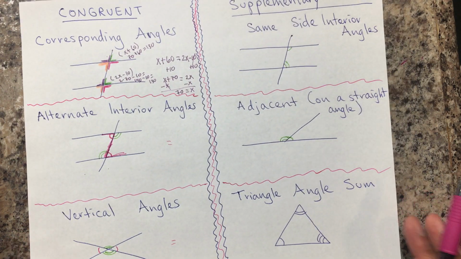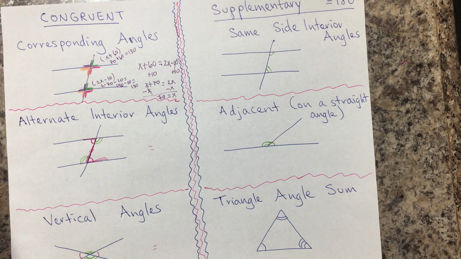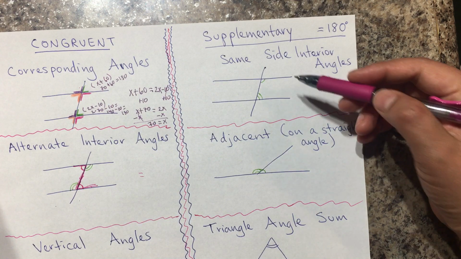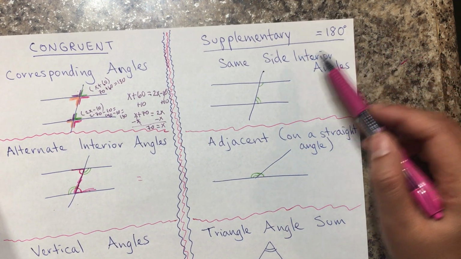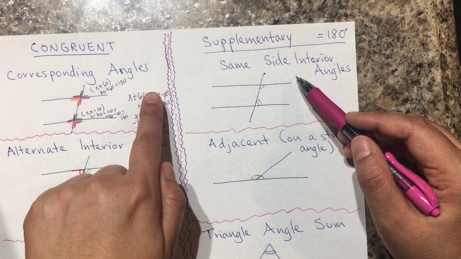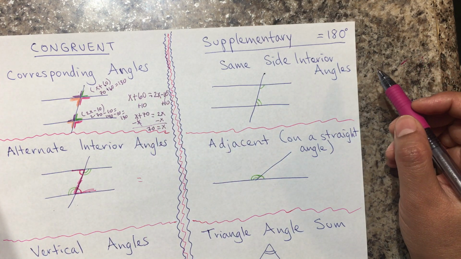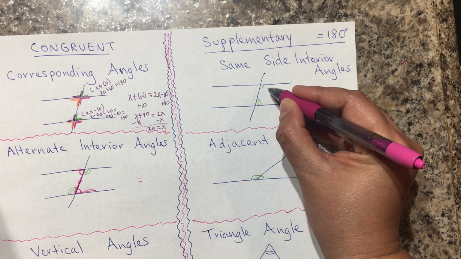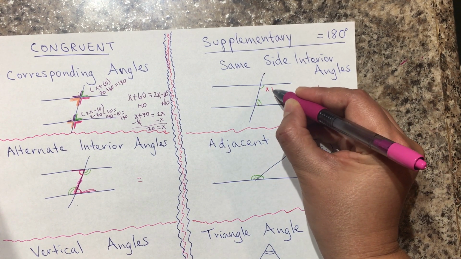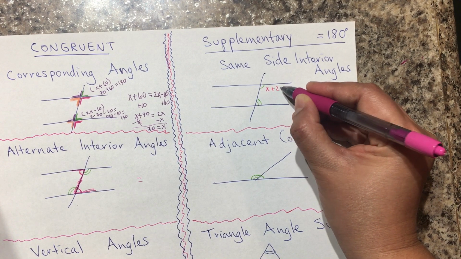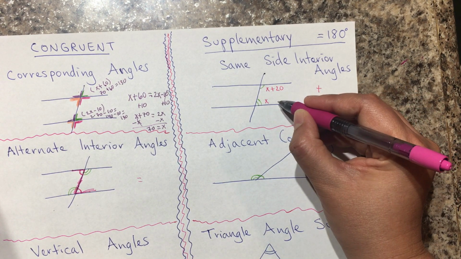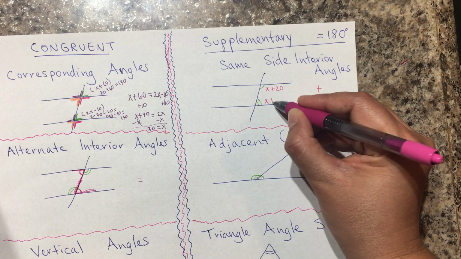What do you do for supplementary angles? Okay, now for supplementary angles, again, these come from parallel lines. In here, you're not going to put an equal sign in between the two expressions. What you're going to do is put a plus in there. So let's say that this is maybe x plus 20, and maybe this is x plus 2.